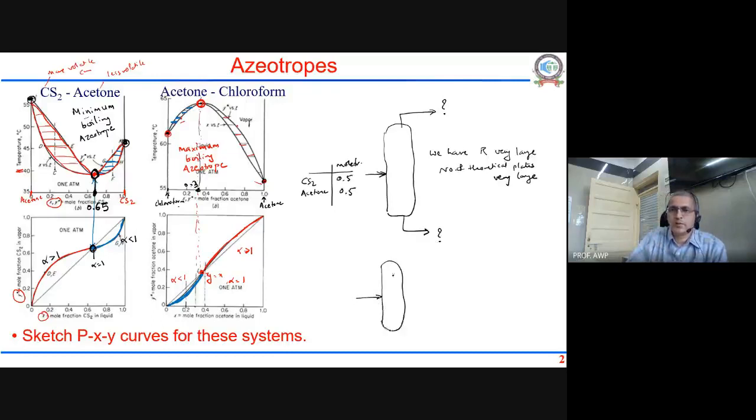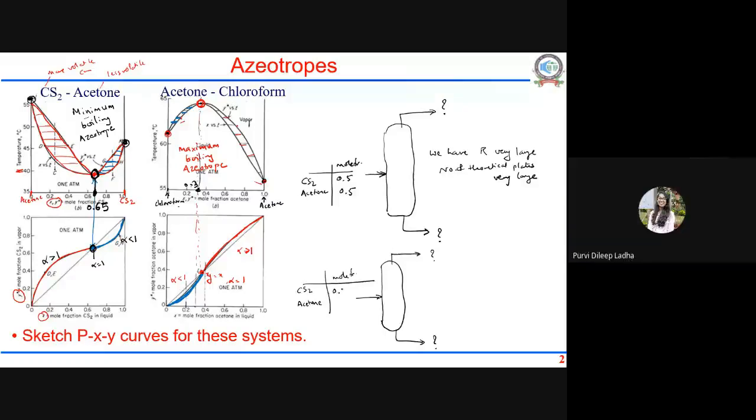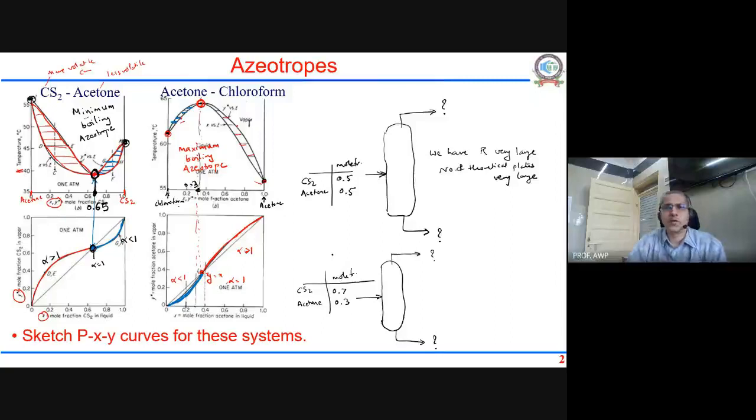Everybody is waiting for somebody else to say something. I don't think the product formation will be there because at 0.65, after 0.65 it won't separate. No, you tell me what will be my distillate and what will be my bottom. If you want to tell me in terms of composition, you can.